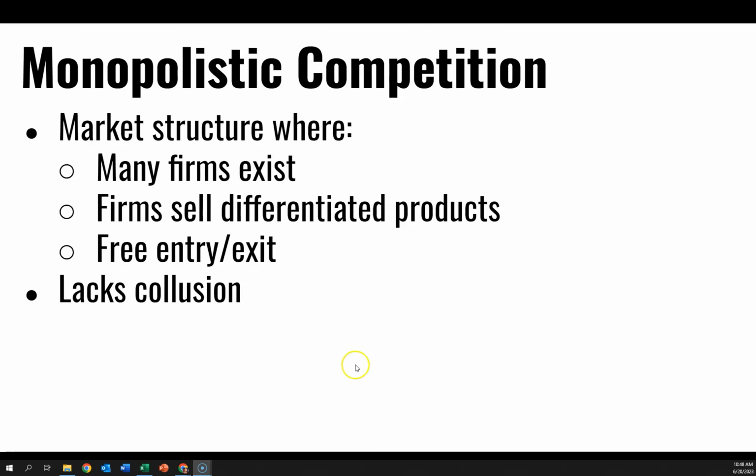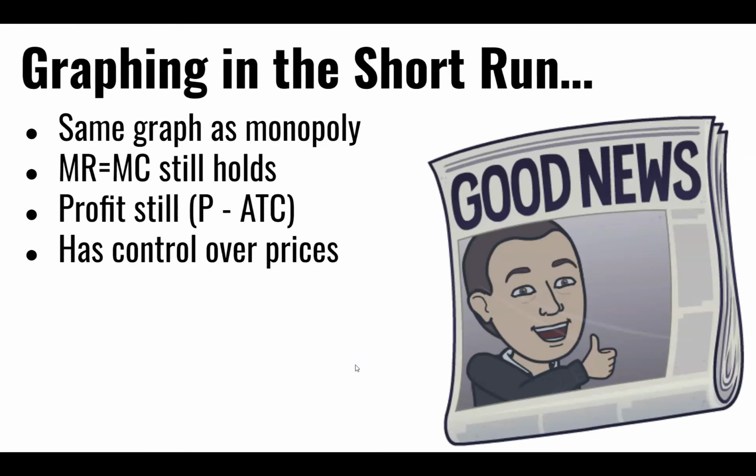So how do we graph it? Well, the good news is this: the rules all apply for monopoly. They transfer to monopolistic competition. There is literally nothing new here in terms of the graph for you as a student. Marginal revenue equals marginal cost is the optimal output. We find the quantity associated with marginal revenue equals marginal cost. We draw a vertical line straight up.